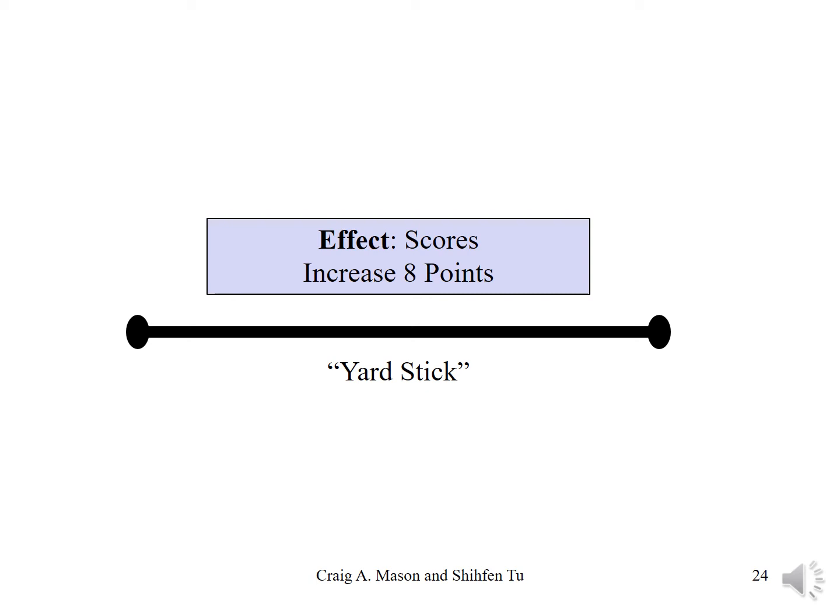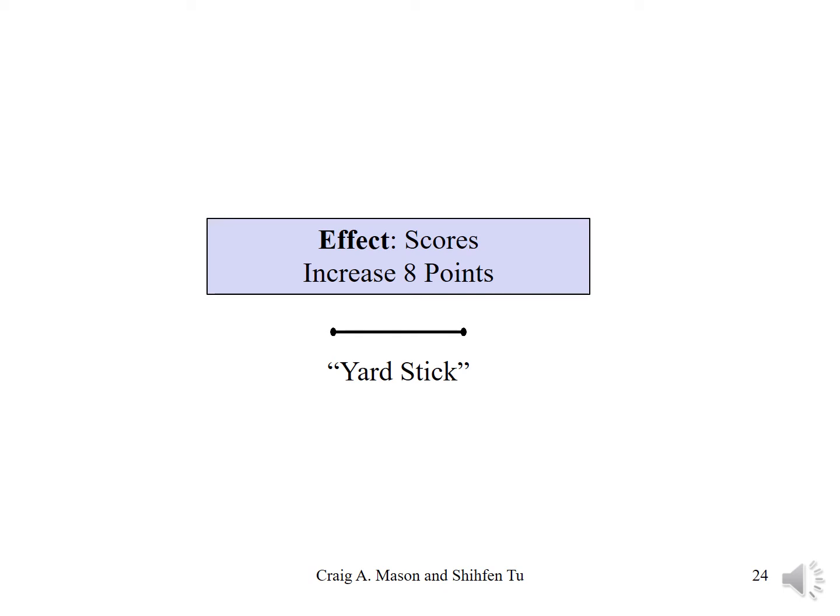It's related to our standard error of the mean. Notice that as the yardstick shrinks, the effect doesn't get bigger, but it seems bigger relative to what we're using to measure it. As we'll see later, it becomes larger in a statistical sense, a way that makes it stand out and allows the researcher to say, aha, I think I found something.